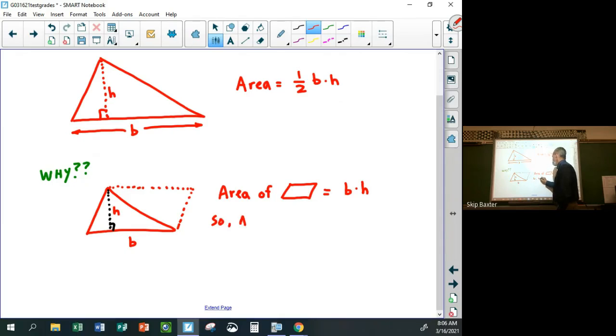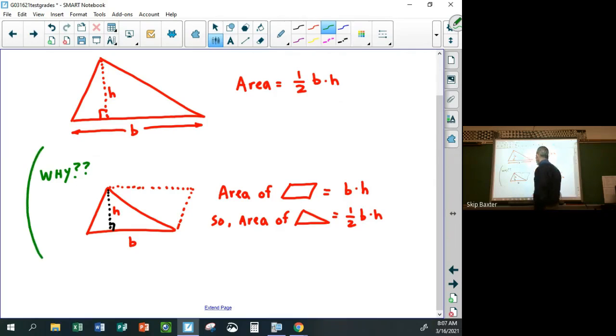So area of the triangle is 1/2 base times height. Again, if stuff makes sense and it's logical, it's a lot easier to remember. Okay?